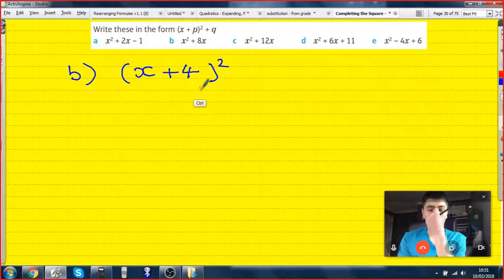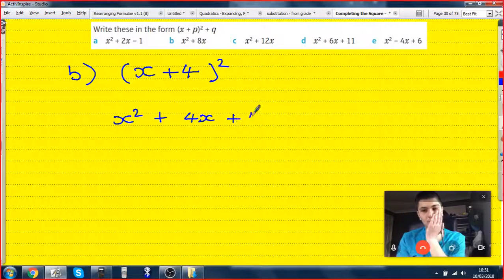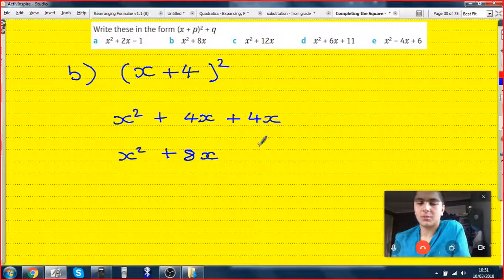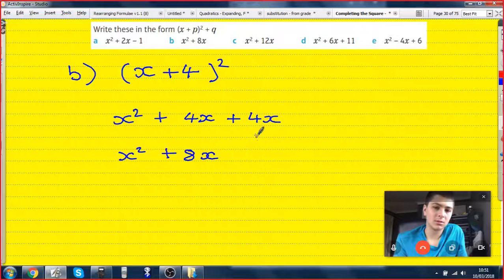Do I have to work out the equation? So basically, if I was to expand this double bracket, I'd get x squared plus 4x. What else would I get? You would get x squared plus 8x, and then, sorry, plus 16.